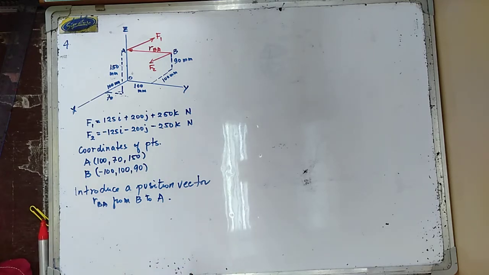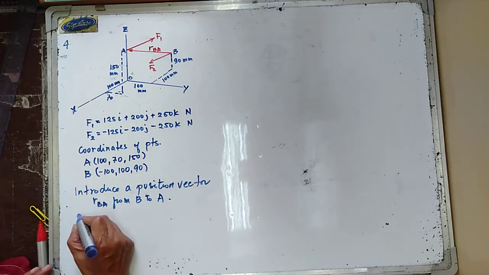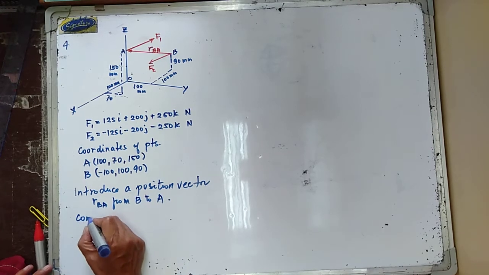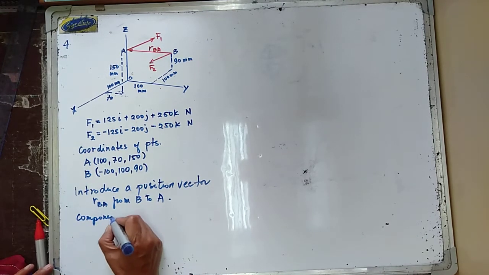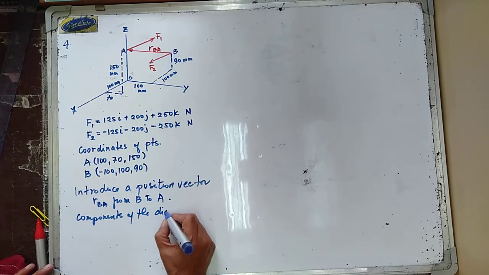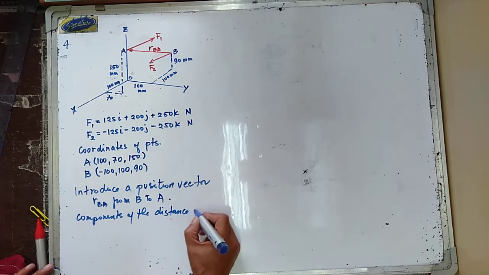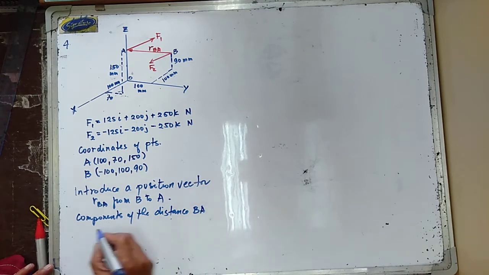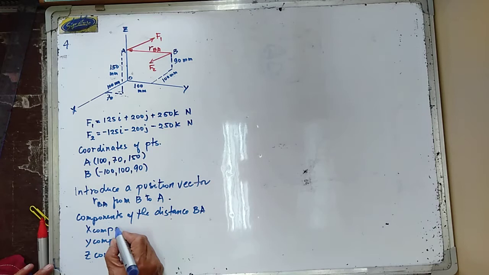So let us try to determine now the components of the distance BA. So we have your x, your y, and your z component.